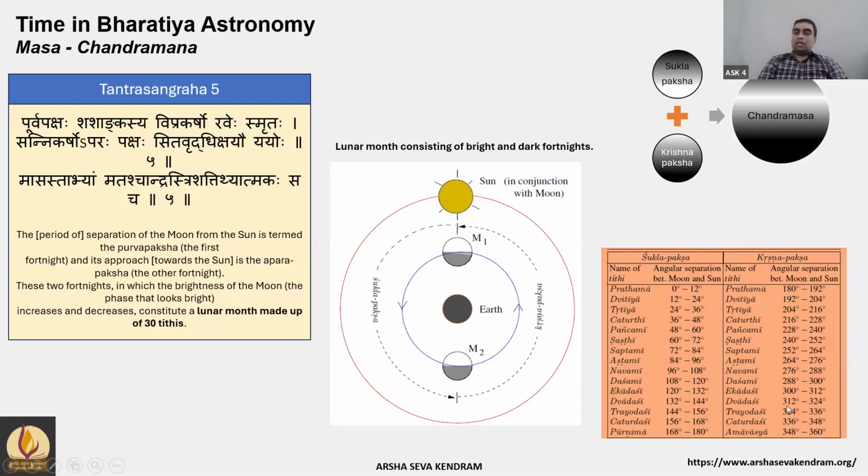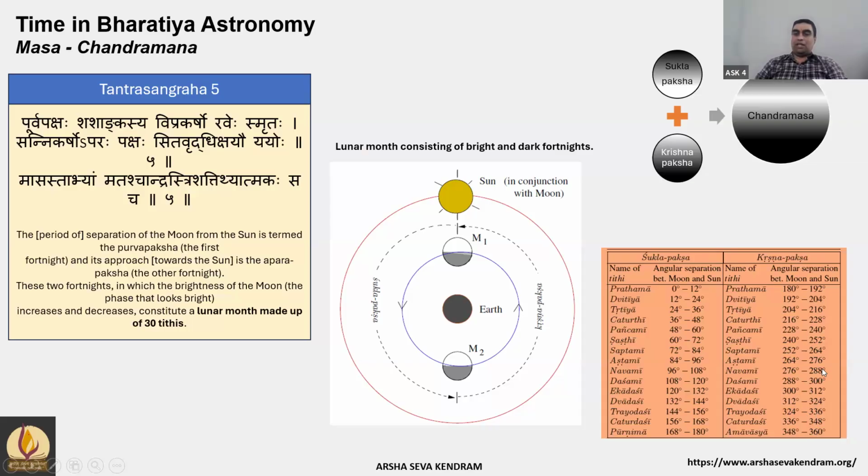And then as the angular separation increases because the moon keeps moving away from the sun, the Tithis also start progressing from Pratama all the way till Purnima. And then after Purnima, it's shown as 192, 204 and all that, but actually the distance between the sun and the moon starts decreasing here as well, right?